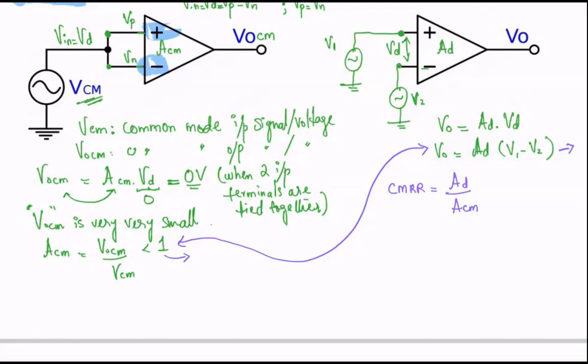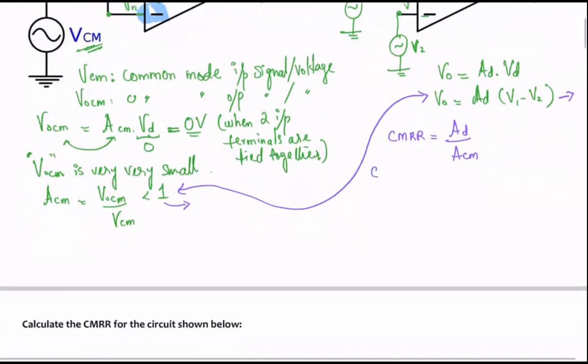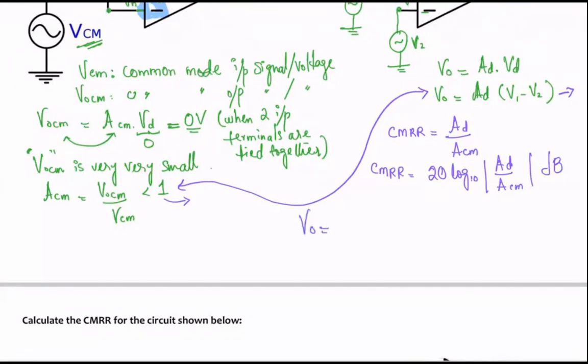Also, this is usually expressed in decibel, so the equation becomes CMRR equals 20 log base 10 of AD over ACM, and that gives you the result in decibel. And therefore, your final output voltage is going to be the sum of AD times VD, which is this thing right here, plus ACM times VD.